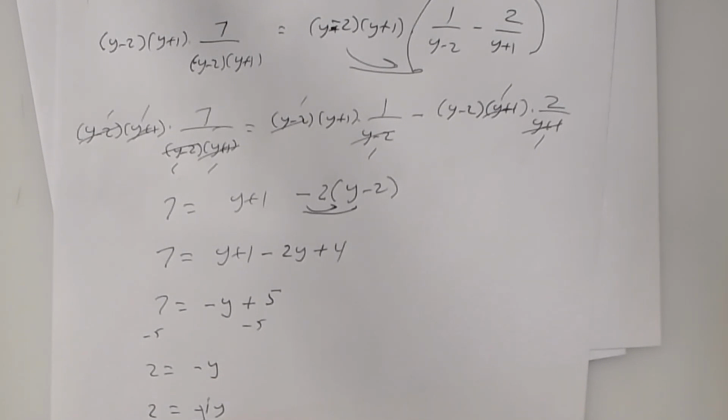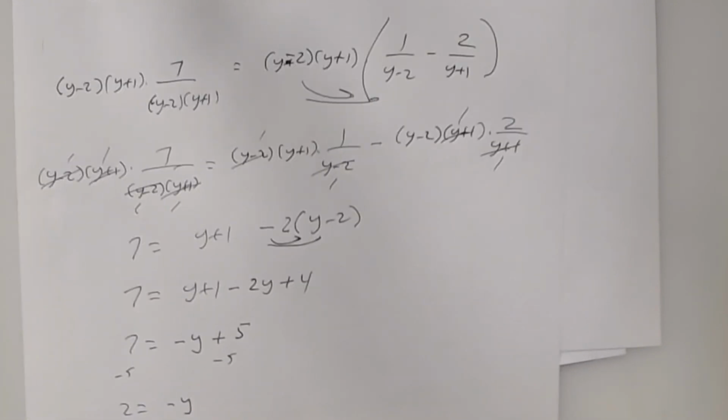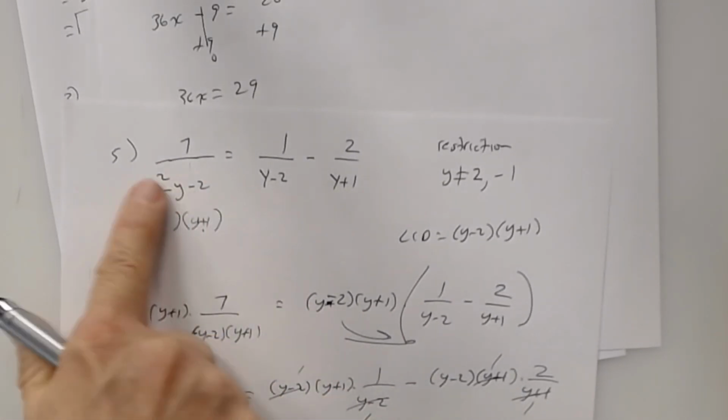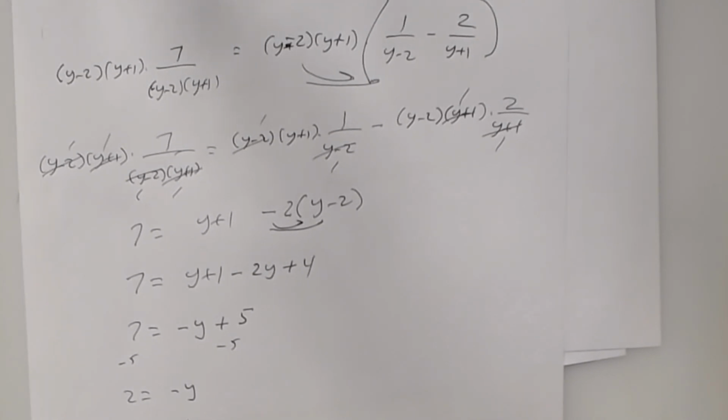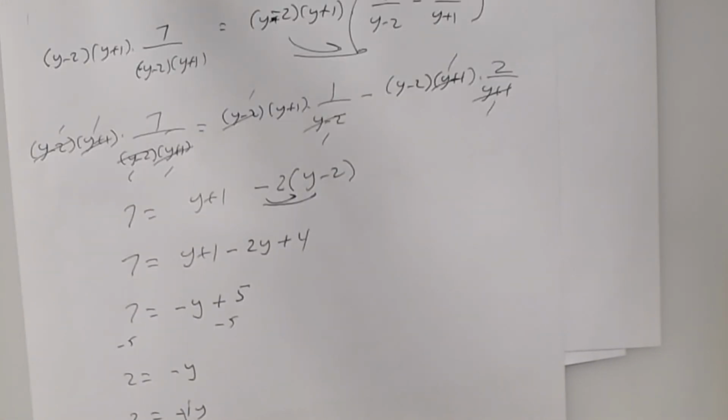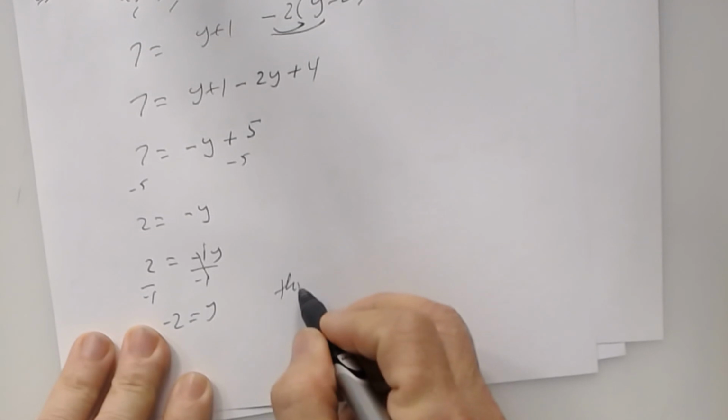No. If this was a positive 2, would that be an extraneous root? Yes. Okay, very good. Remember, that would be a false solution. It satisfies this linear one, but it doesn't satisfy the original. All right. But it's not a restriction, so it is a solution. So is it an inconsistent equation, an identity, or a conditional equation? Conditional. So this is a conditional equation.